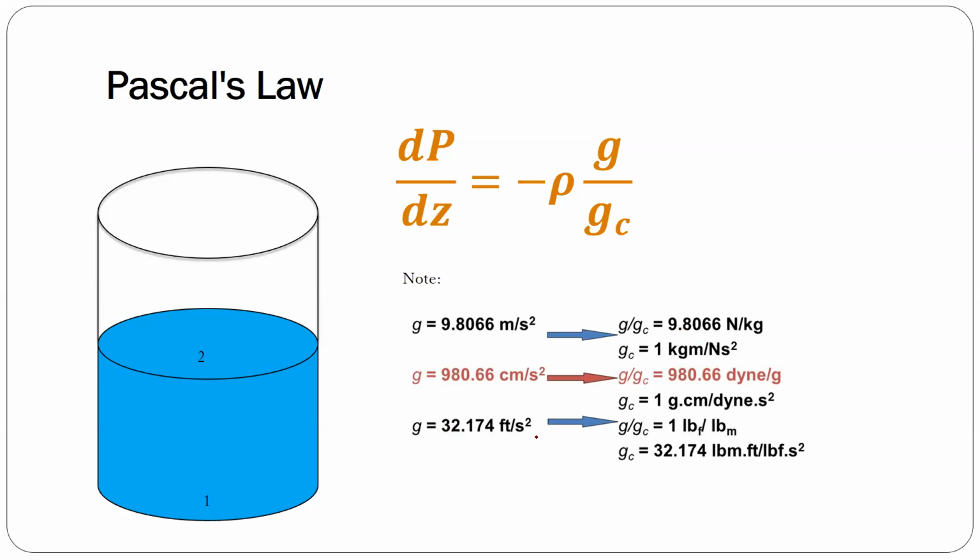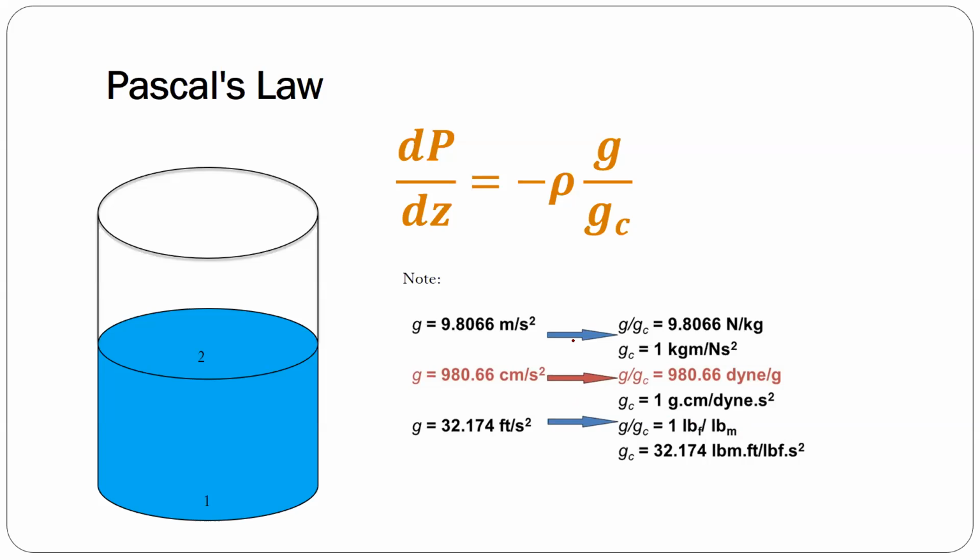Okay, in the English system, the value of your acceleration due to gravity is approximately 32.2 feet per square second, and the gc is 32.2 as well, such that if you take the ratio g over gc, it becomes 1 pound force per pound mass. So meaning pound in the English system, if you refer to mass or if you refer to force, they mean the same thing.